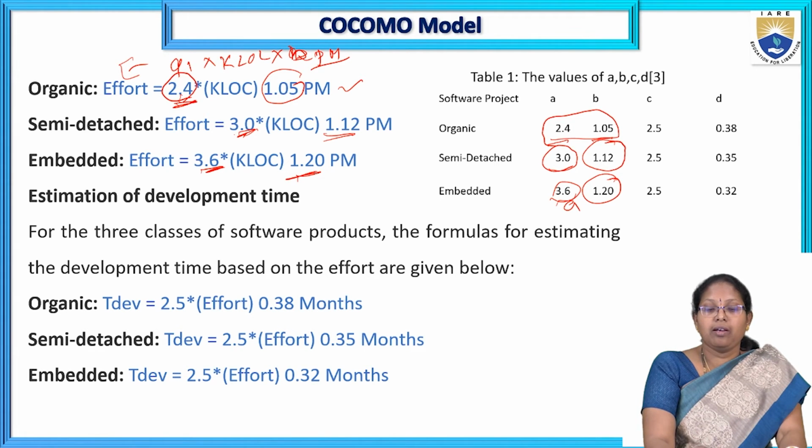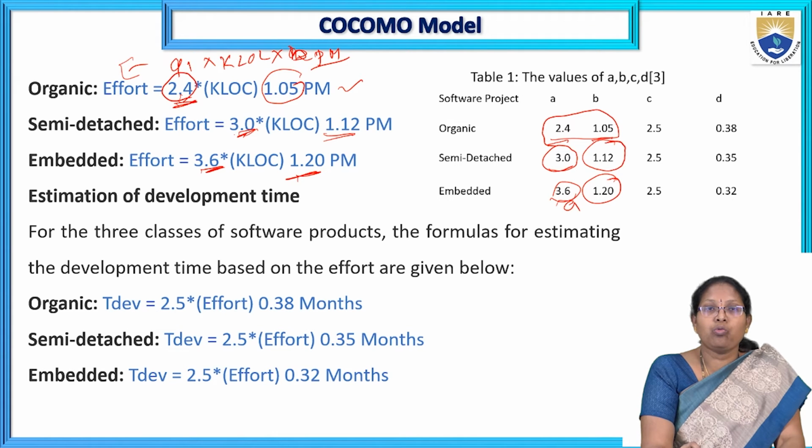So these are the table values we have to use to find the effort using the COCOMO model for the different categories of projects, right?